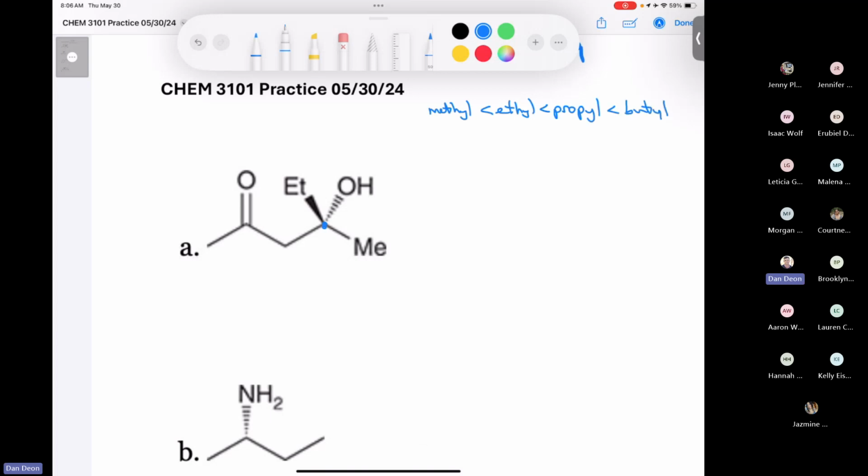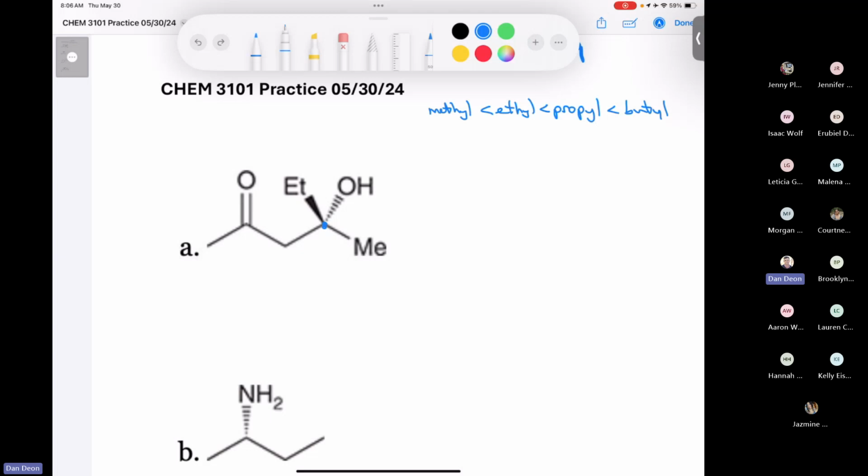So if it's just a straight chain, the ethyl is going to have a higher priority than methyl. Then you can see that this group is going to have a higher priority than the ethyl or the methyl, because when we get to the second carbon, it's attached to oxygens, whereas the second carbon in ethyl is only attached to hydrogens.